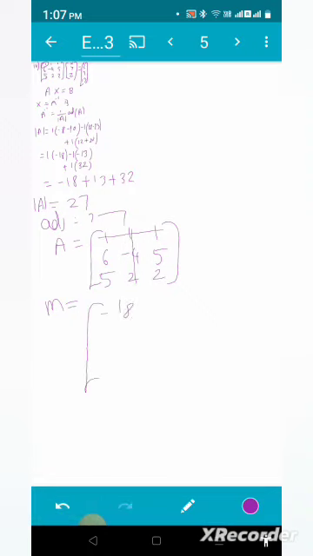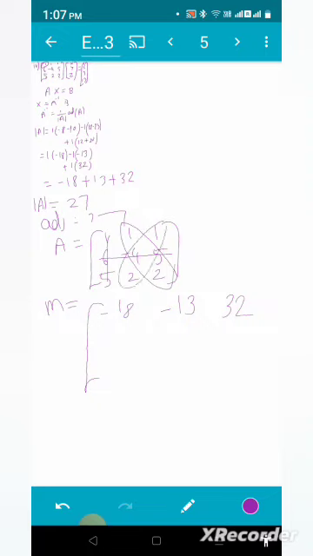Then the corresponding row and column get cancelled. 12 minus 25, that is minus 13. Then 12 minus of minus 20, that is 12 plus 20, this is 32 here.